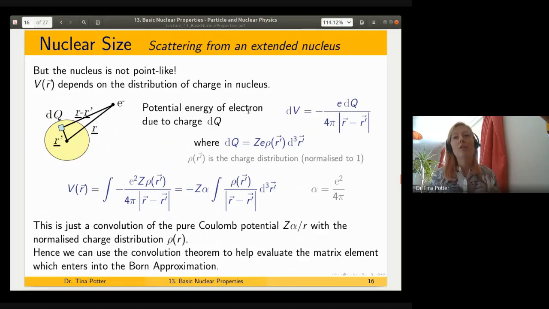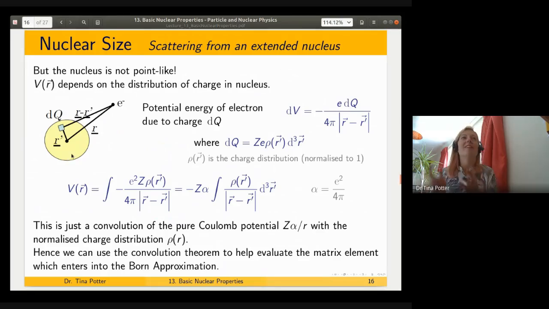So then let's have a look at this charge distribution and alter our potential that the electron sees. And this is going to depend on this difference in charge that it's going to see over the difference in the radius from the basic radius. So this small difference in radius will give a small difference in the charge that it sees and will tell us about how the charge is distributed inside of a nucleus.